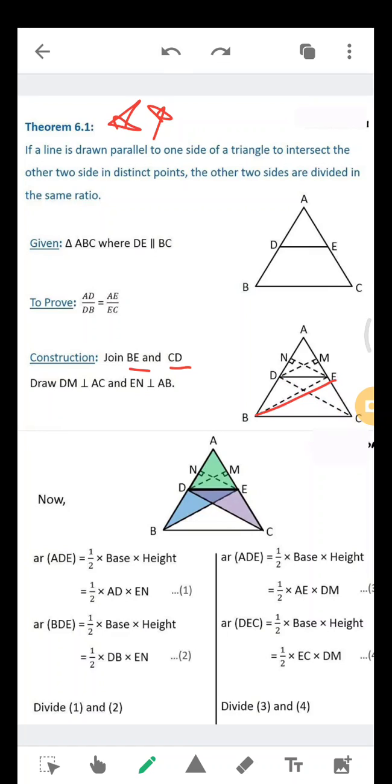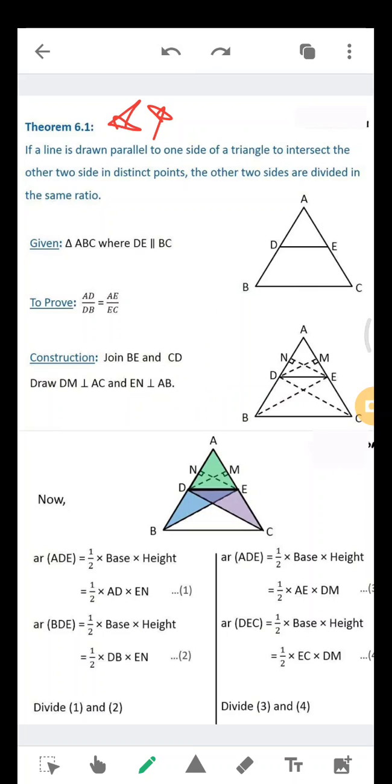You can do all this in one figure only, or you can draw two separate figures. For your convenience I have used different colors here. So I hope till the construction it is clear to you all. Given, required to prove, and construction, these are the constructions which we have done.